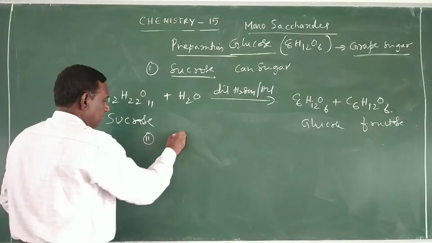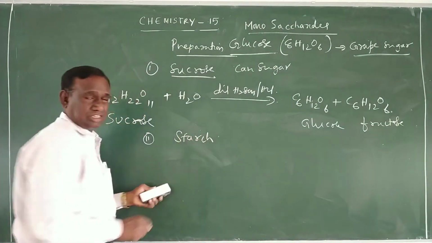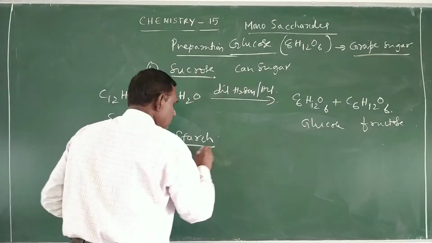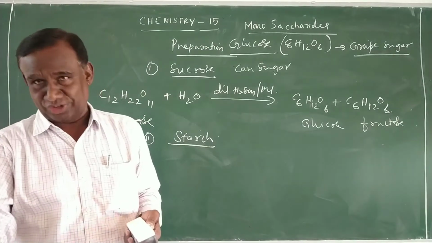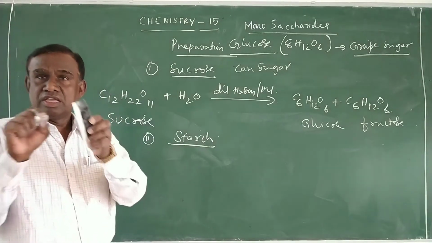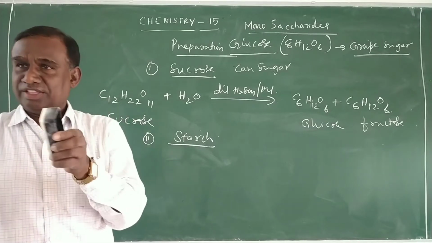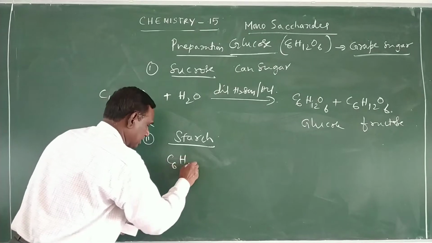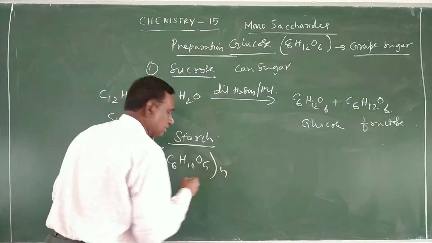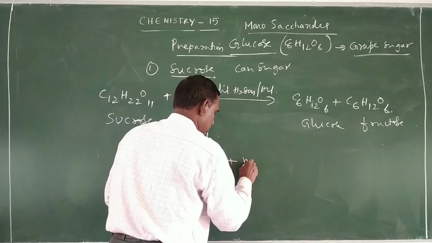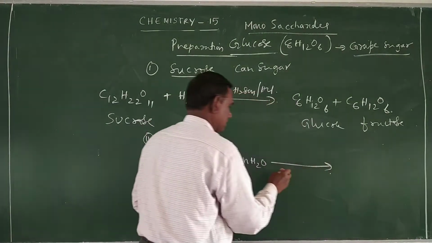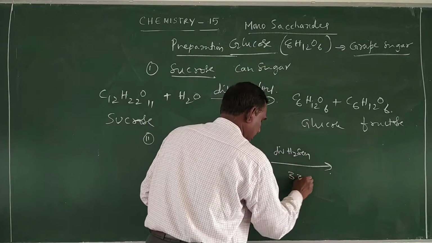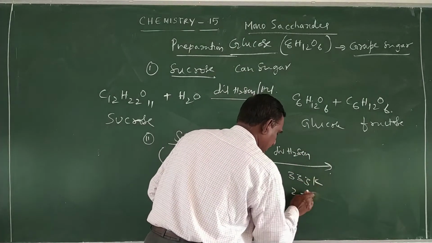Second method, from starch. You know that starch is a polysaccharide, and it is present in starchy substances like potatoes. Potatoes contain much starch. If you remove the layer on the potato, everything is starch pulp. The formula is (C6H10O5)n, this is starch. Starch undergoes hydrolysis with nH2O in the presence of dilute H2SO4, heated to 333 Kelvin at 2 to 3 atmospheric pressure.